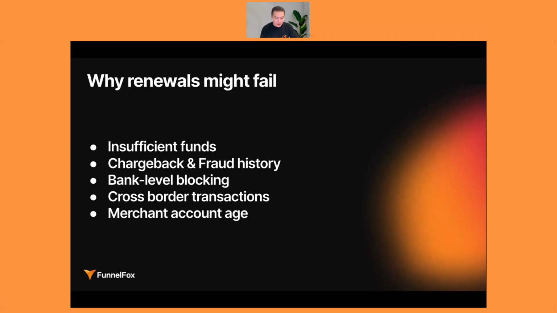And the cross-border transactions might be a little bit controversial here because this is related to the last one, which is merchant account age. So the claim is pretty simple. Let's say your users are in the US and your Stripe account is in the UK, or somewhere in Europe, in Poland.